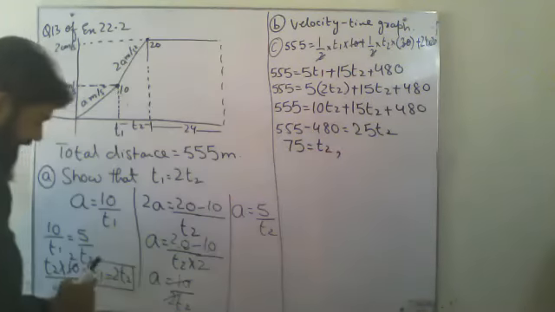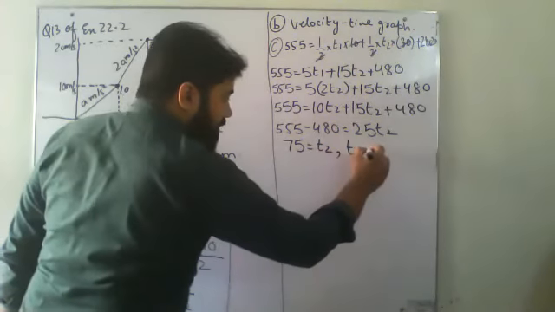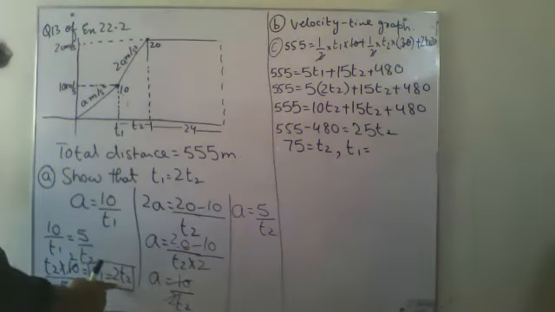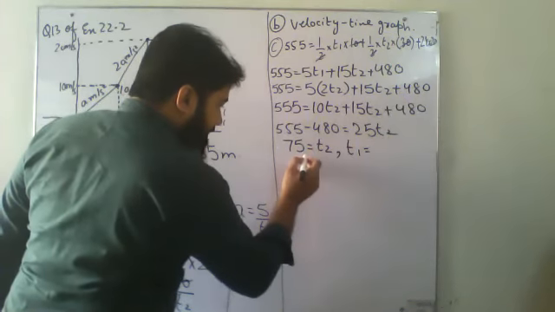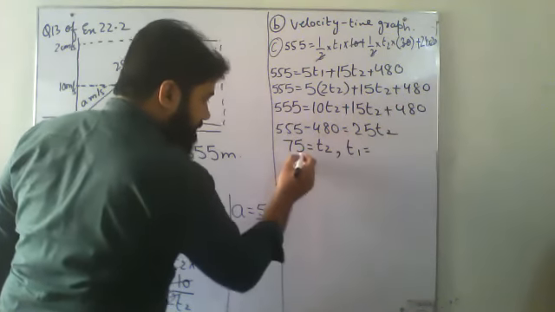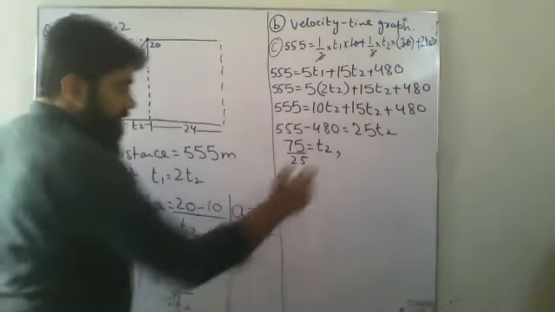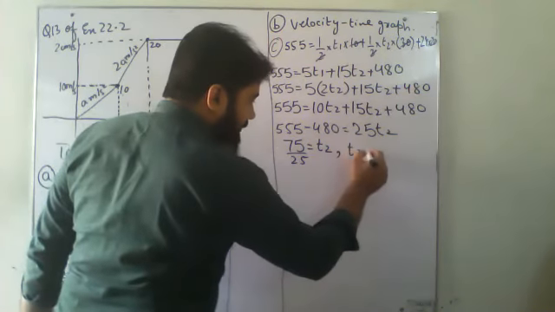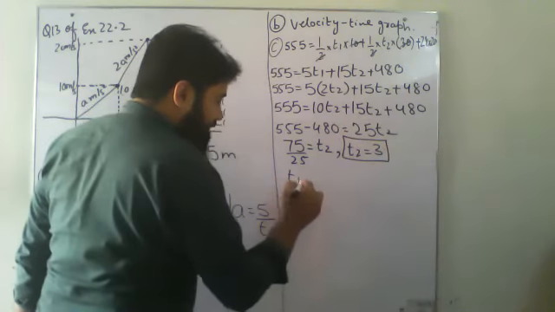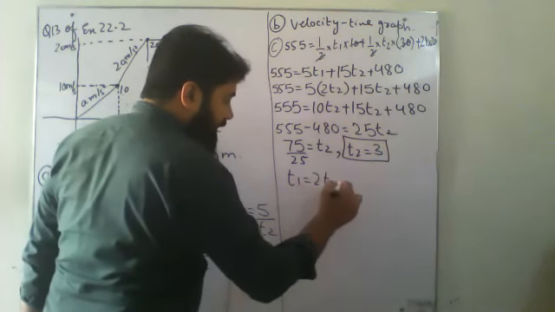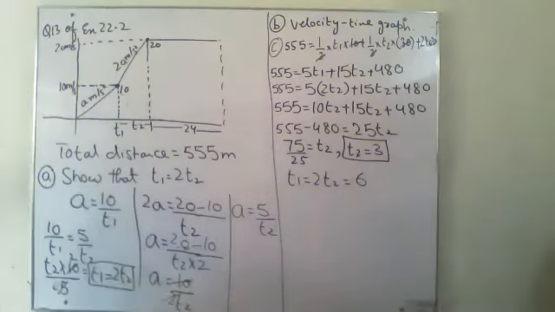And as T1 is 2 times of T2, so T1 will be equals to what? When I simplify this one, my answer of T2 is coming 3. And T1 equals to 2 times of T2, which means T1 is equals to 6 seconds.